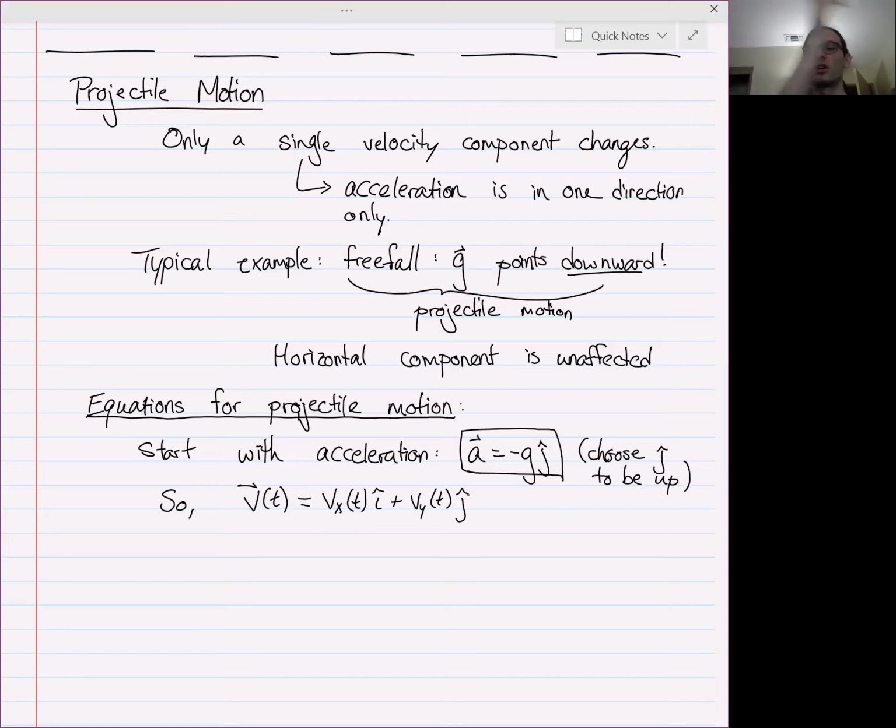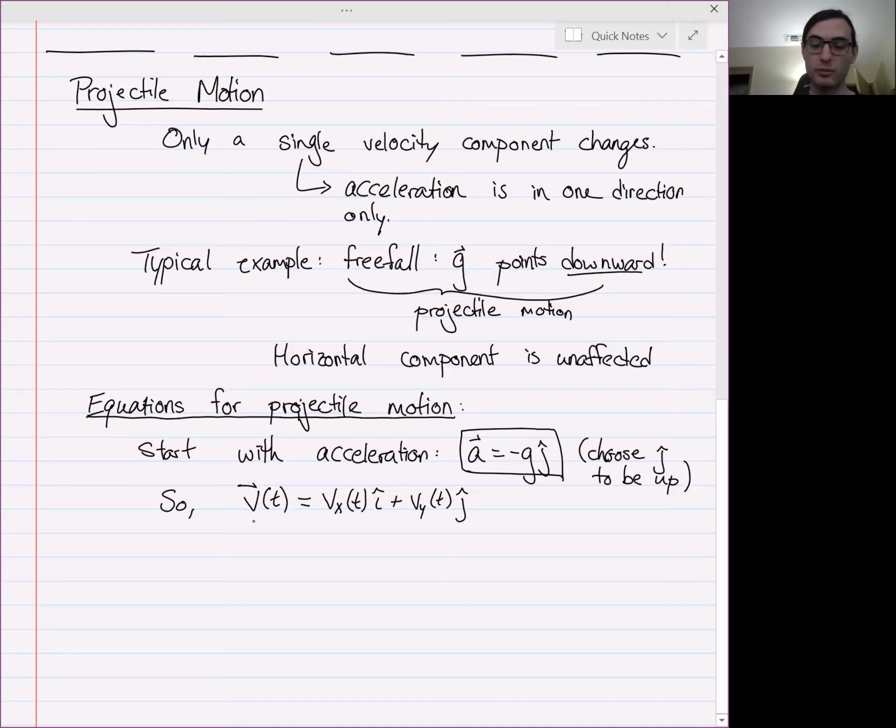It's never going to turn mid-flight. You could include z, but you don't have to, because you can always choose a coordinate system such that x points in the forward direction of your projectile.